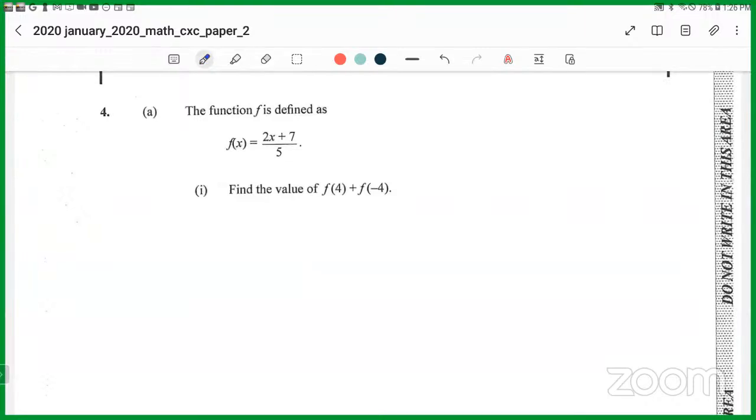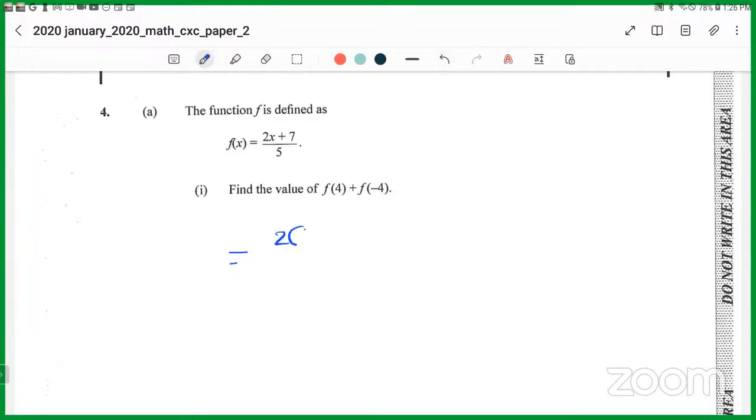All right, so this was this one function. I guess they want us to do everything with it. The question is f of 4 plus f of -4. So we're working out the same function, one with 4 and one with -4. This becomes f of 4 first, meaning putting 4 in there.